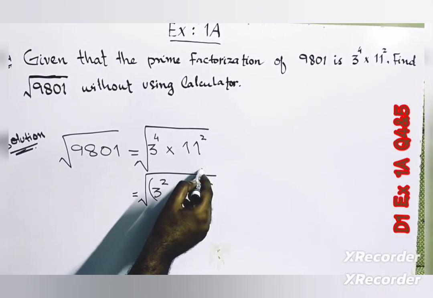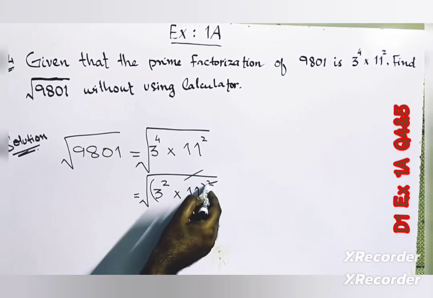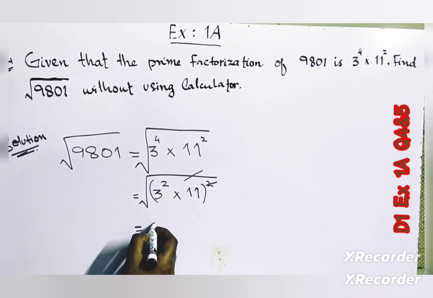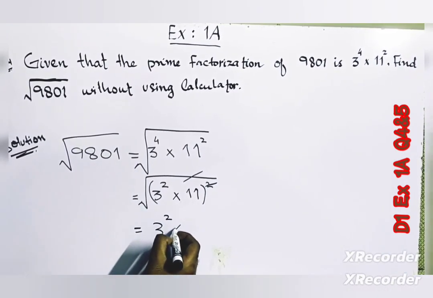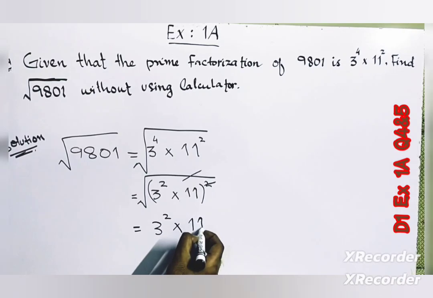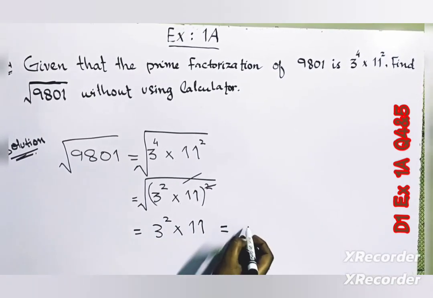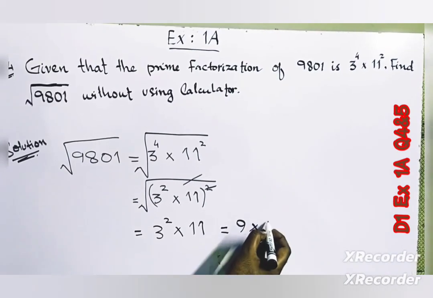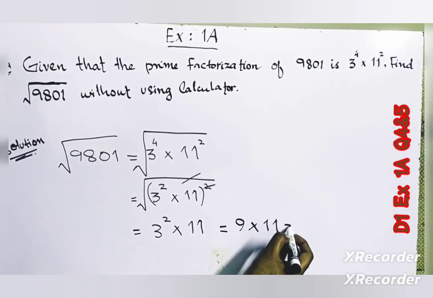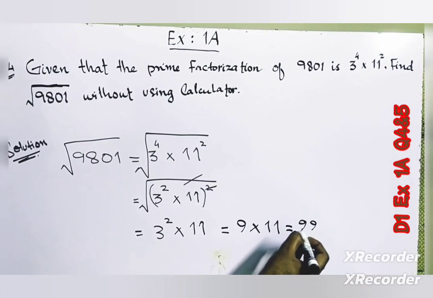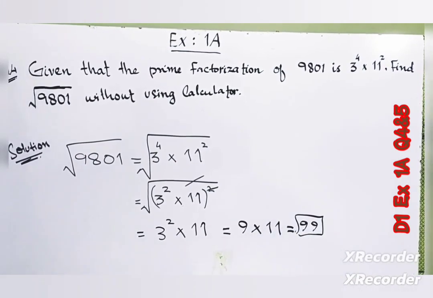So we can cut this square root with this square. We have remaining 3 square multiply by 11. Then 3 square is 9 multiply by 11. That is 99. That's our answer.